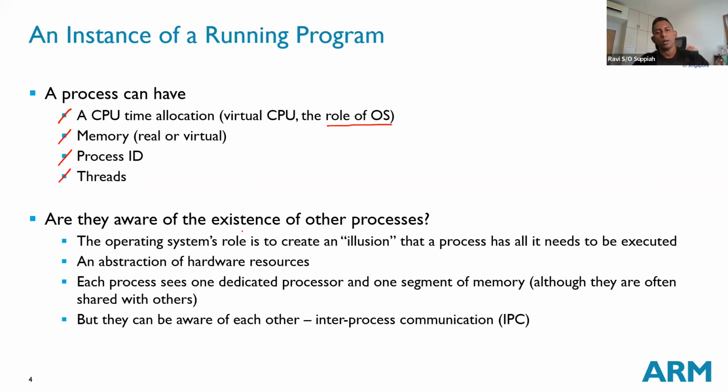Now when I create a process, is it aware that there are other processes? The operating system's role is to create this illusion that a process has everything that it needs to be executed. When you open up your browser or your Microsoft Word or anything, the browser will behave as if it is owning the CPU.